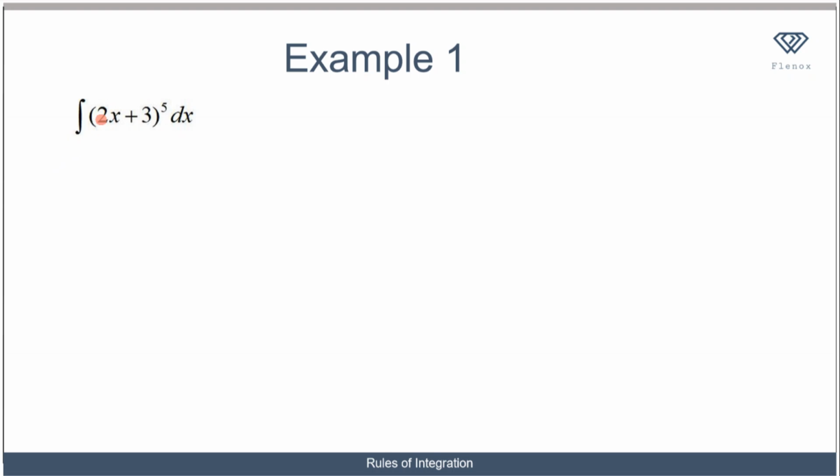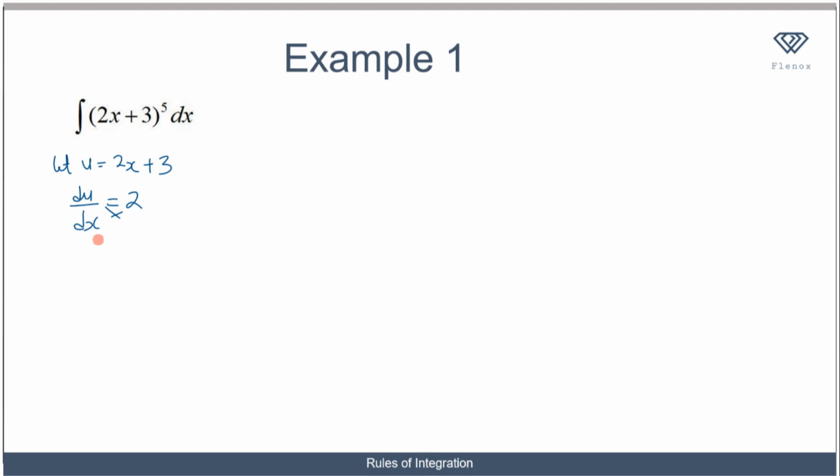So if we replace everything that is in between here by u, we say let u be equal to 2x plus 3. So now we have equated what is here to u. But now we want to write the dx also in terms of u. And how do we do that? We differentiate this function. So we have du over dx. When you differentiate this, what do you get? The derivative of 2x gives me 2, and the derivative of 3 is 0 since 3 is a constant.